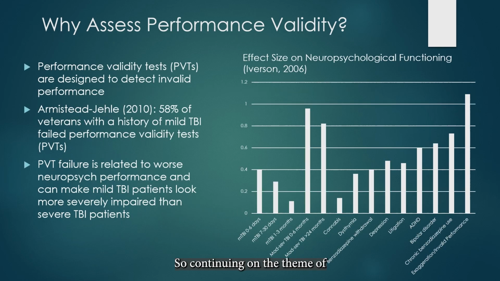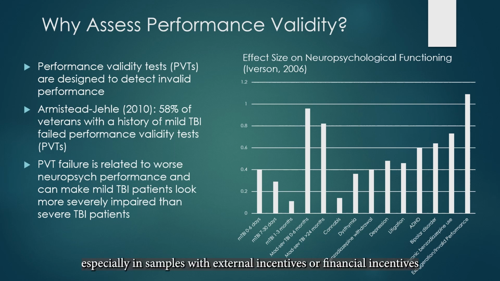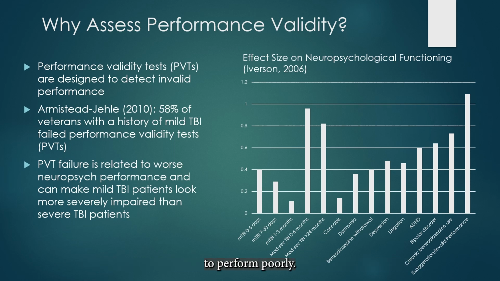So continuing on the theme of why do we need to assess performance validity, we know that there's a very high rate of performance validity test failure in certain samples, especially in samples with external incentives or financial incentives to perform poorly.